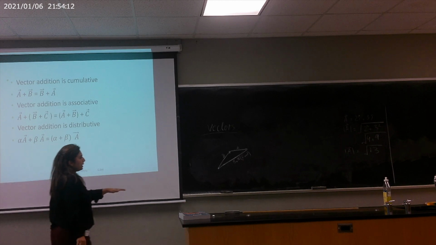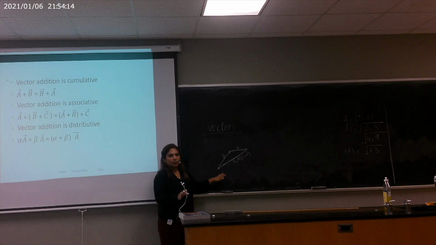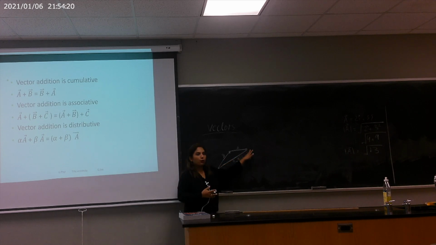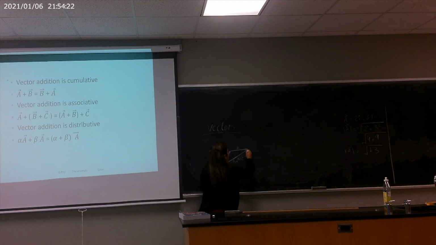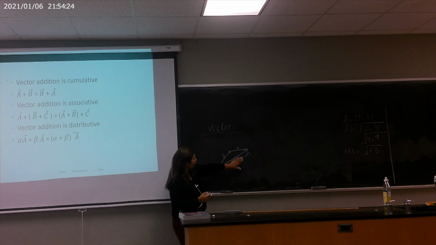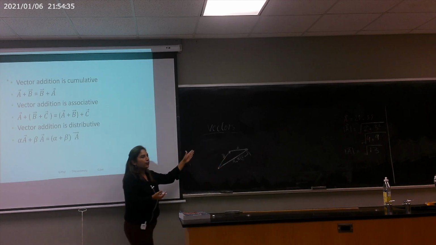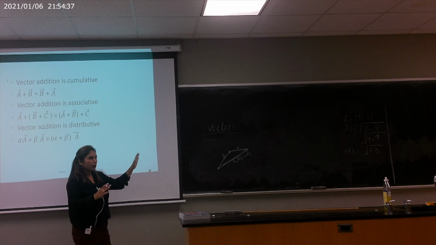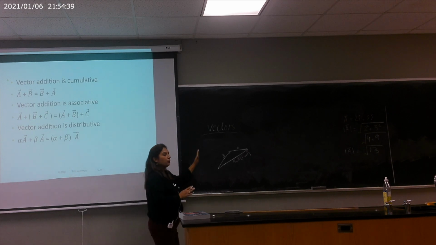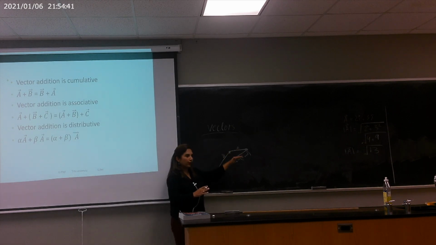As you can see, I'm not doing exact measurements, so that might look different from what I had before, but the intention was to draw the same length vector. So the location has moved. My A and B were down here, and now my B and A are up here because I have to put the B first, and B is making a larger angle. We have not done the head to tail rule yet. You just draw the pictures. Soon we will get there too. How do we add two vectors graphically?